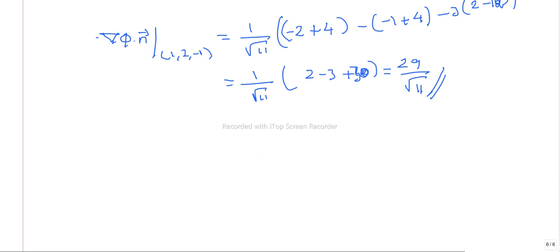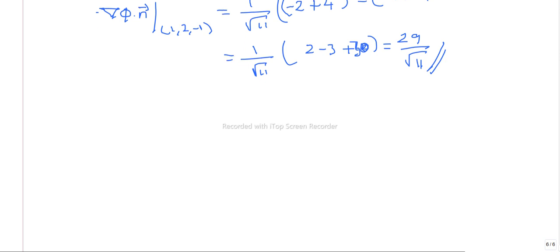Okay, sometimes they will ask what is the maximum value of a directional derivative at the point. Sometimes they will not give the direction, they will give only the point. You have to substitute the point and then find it.